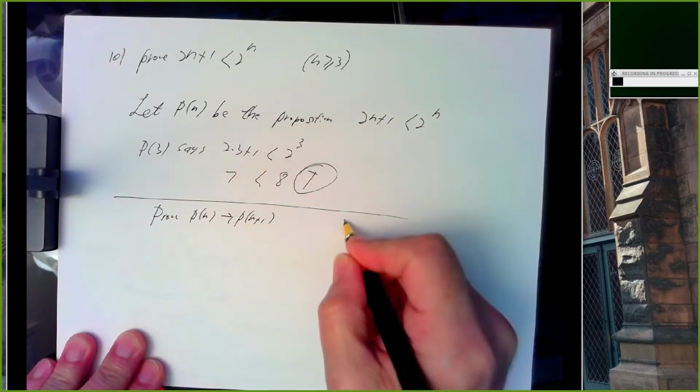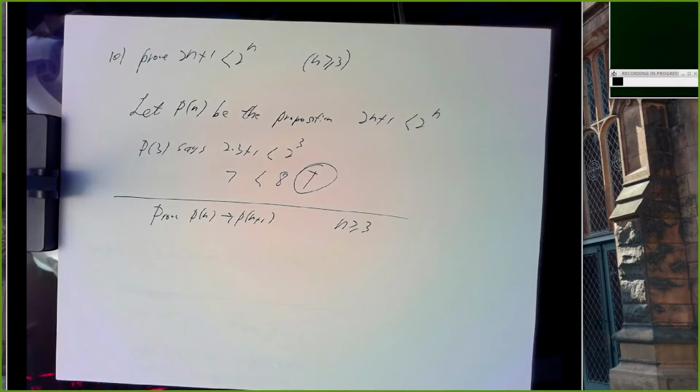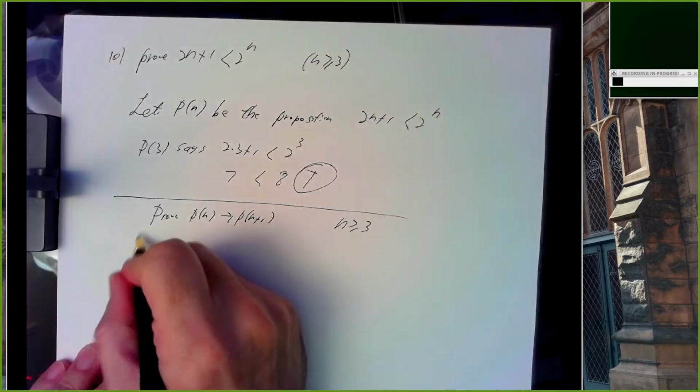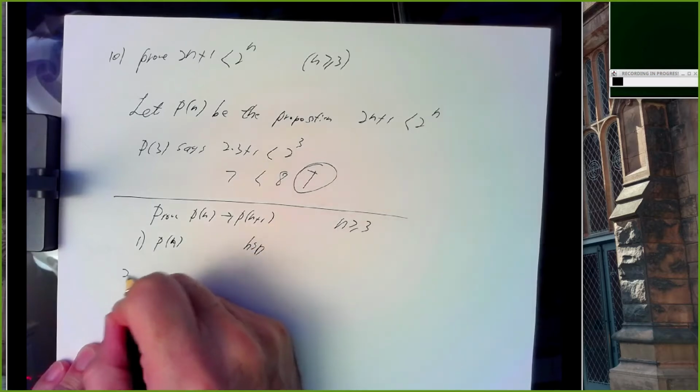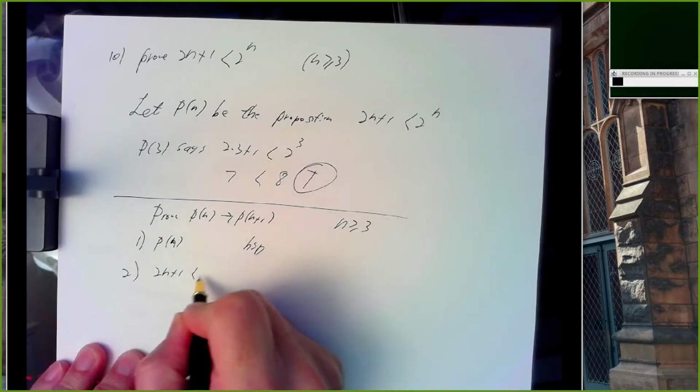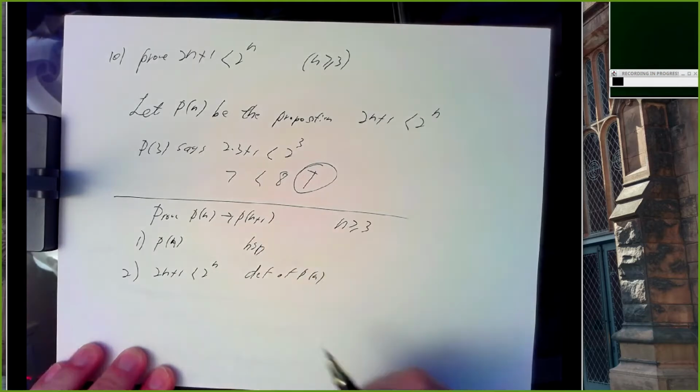So assuming that n is bigger than or equal to 3, let's show Pn implies Pn plus 1. So P of n is our hypothesis: 2n plus 1 is less than 2 to the n. That's the definition of Pn.